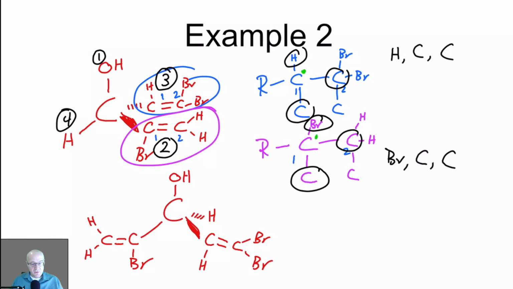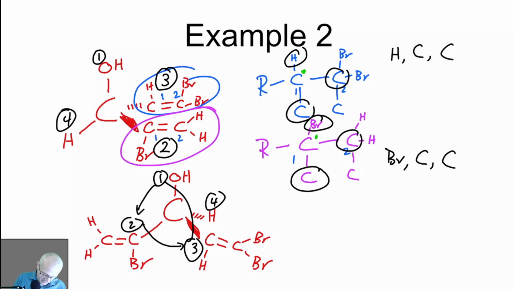And there you go. That's how you'd rotate it. So this is group number 1, group number 4, group number 2, and group number 3. 1 to 2, 2 to 3, and then back to 1. 1, 2, 3. So this is S. And that's how you would assign R or S to that particular molecule.